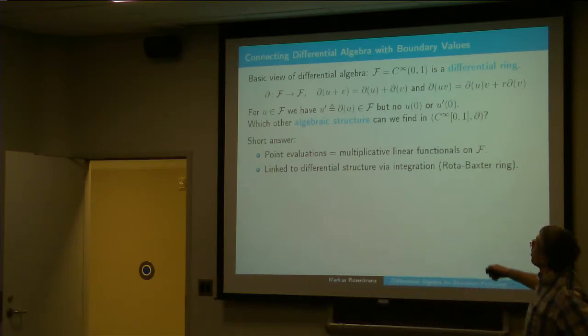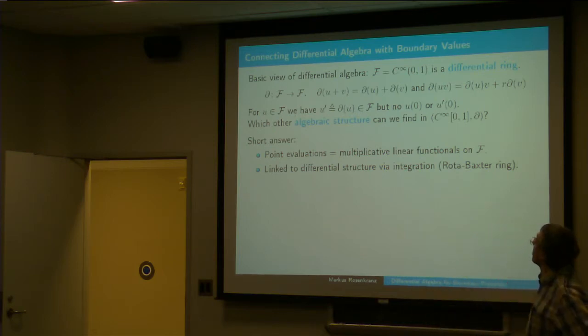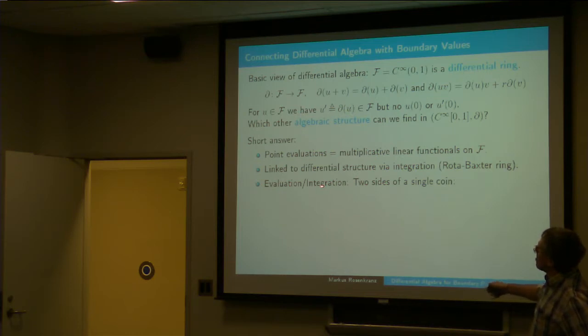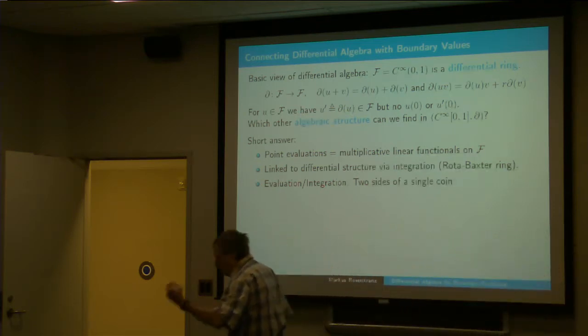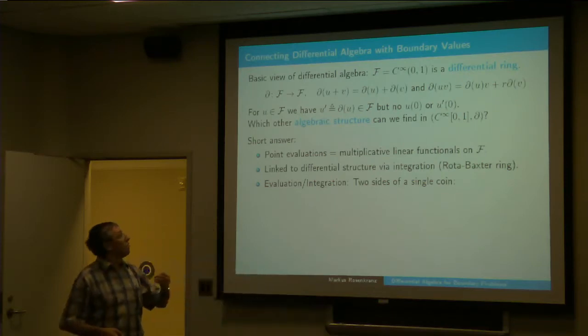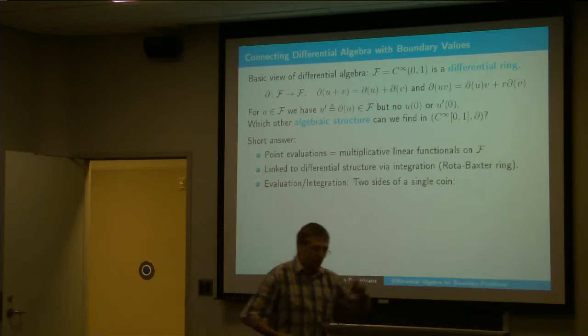It's also important when it comes to writing down the solutions, because that's an integral operator. But already here, it connects the differential structure to the evaluations. Okay? And what you see here already is that the evaluations, multiplicative linear functionals, are always intimately linked with integrals. So for me, these are two sides of one and the same story.